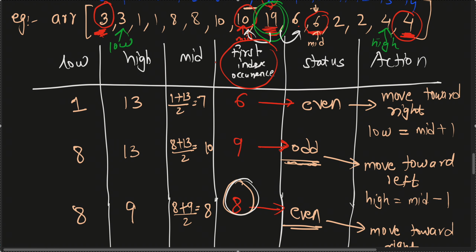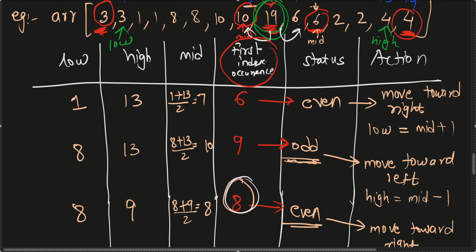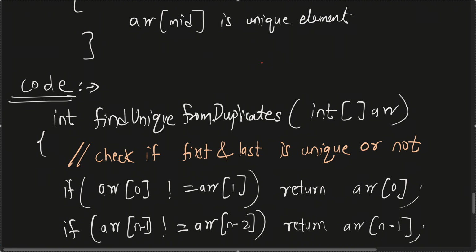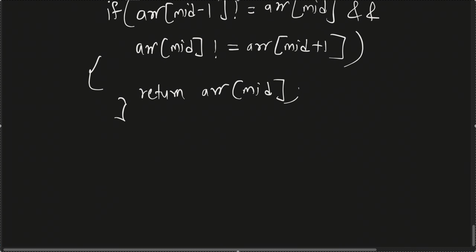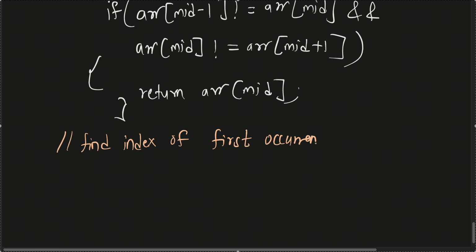So how to find the first occurrence? For that we can write a separate function to find the index of the first occurrence of array of mid that we are getting.